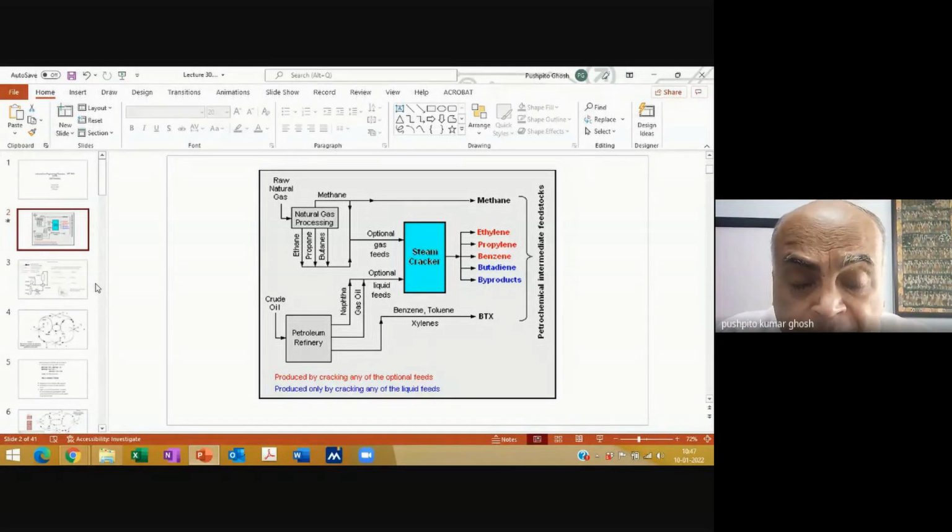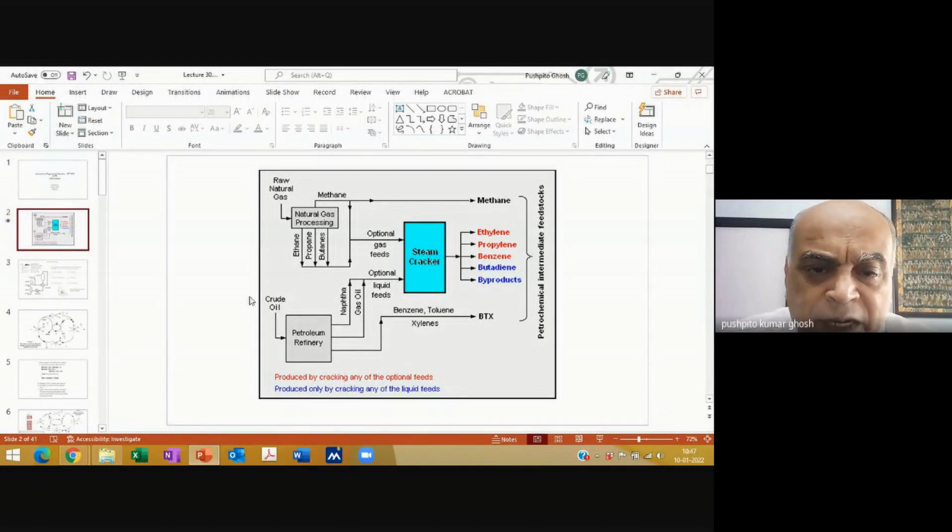A refinery might also bring in natural gas, raw natural gas, into their factory. So one of the things that is first done is that one takes out methane.